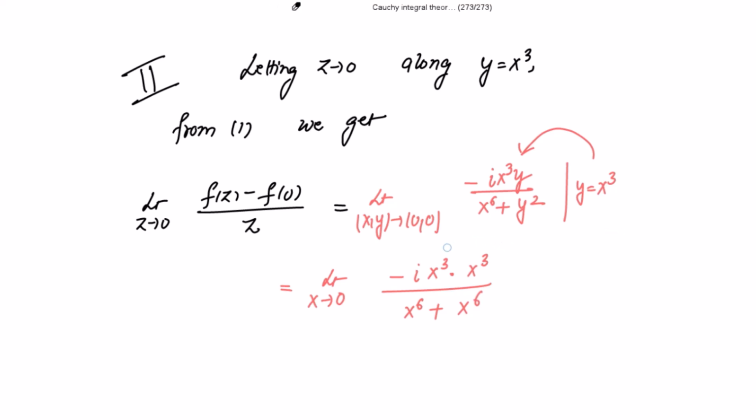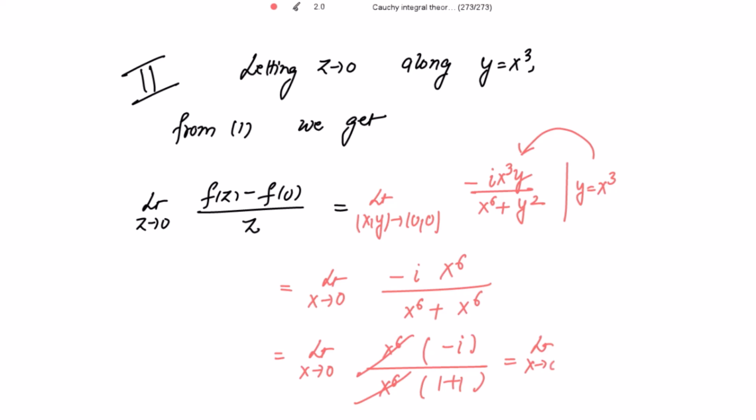So this is also nothing but x to the power 6. So if I take x to the power 6 common from the numerator and the denominator, I'm getting minus iota divided by, this is 1 plus 1, that is 2. So these two cancelled out, and we are getting this to be limit x tends to 0 of minus iota divided by 2, that is equal to minus iota divided by 2.